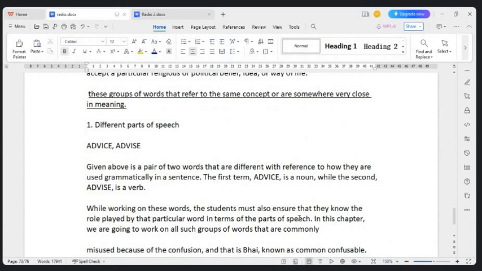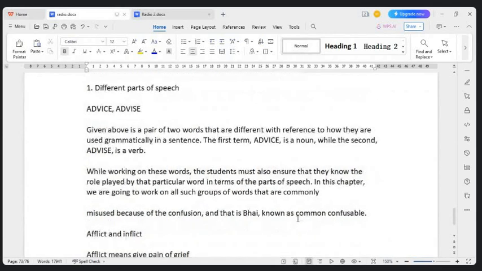Now, there are groups of words where some are very close in meaning. For example, advice and advise. The above pair are two words that differ in how they are grammatically used in a sentence. The first term, advice, is a noun, while advise is a verb. While working on these sentences, you must also ensure that the role played by that particular word in terms of parts of speech is quite clear.